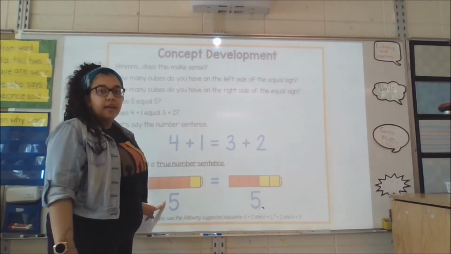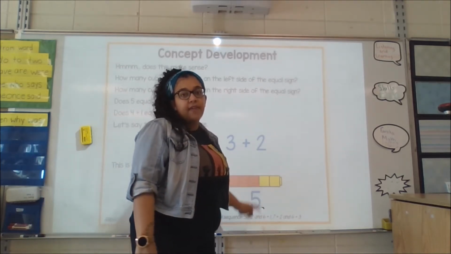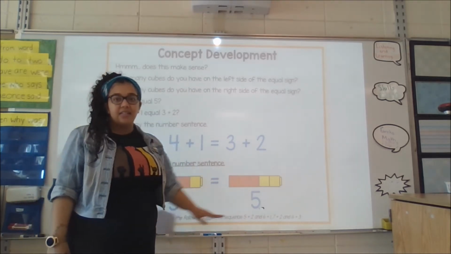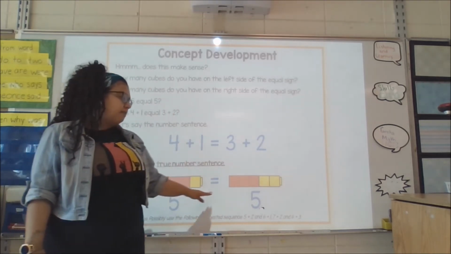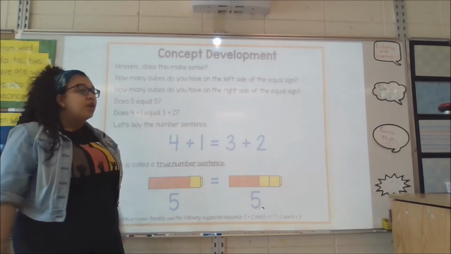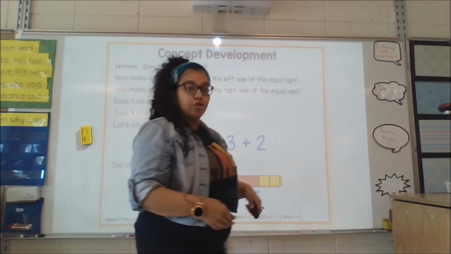And on this side, there are how many cubes? So that means this is the same as that. This matches that. This is balanced with that. They are equal. So let's practice a few of these using our tools that I told you would need today.